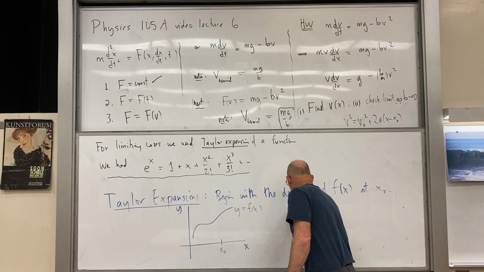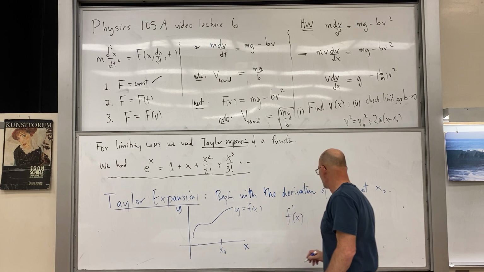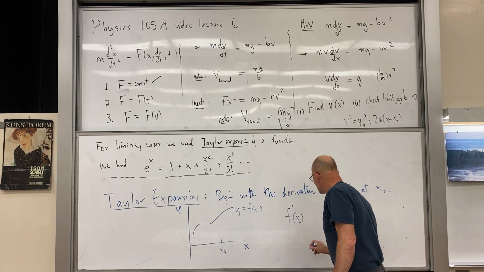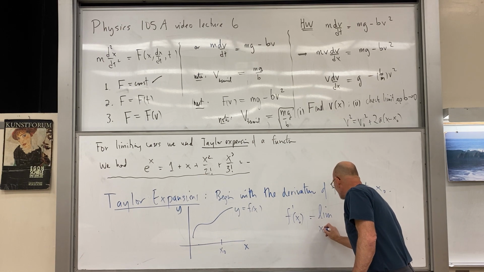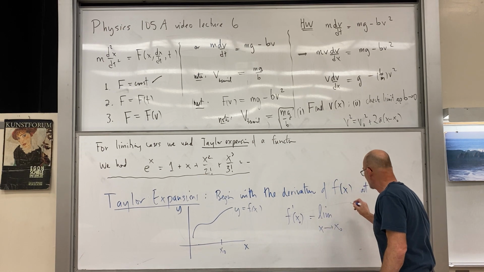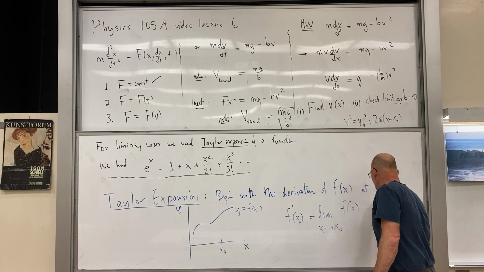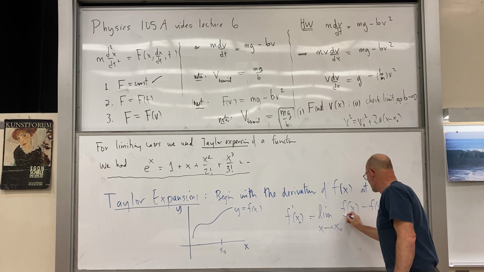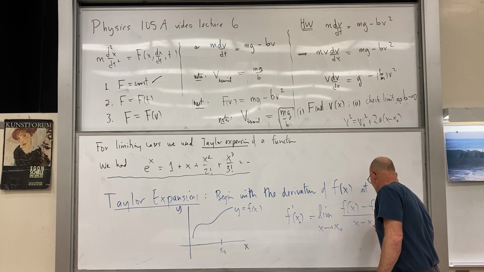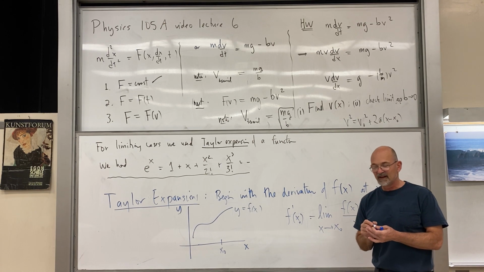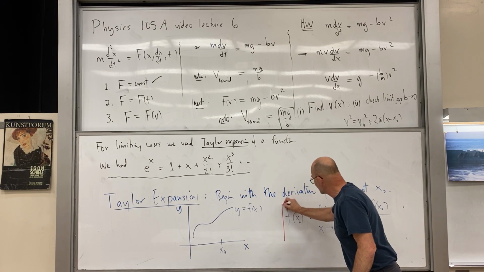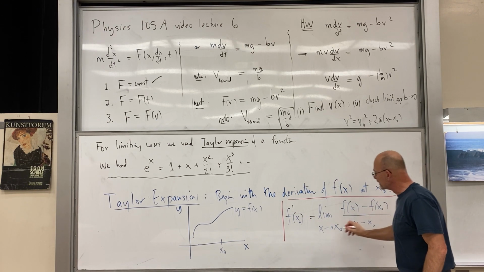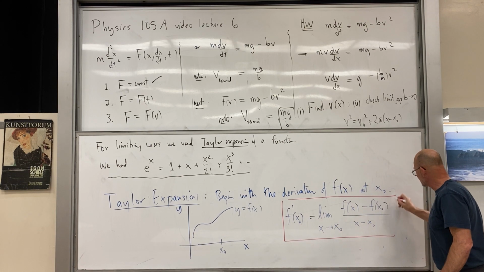So we have f prime of x0 is equal to the limit as x goes to x0 of f of x minus f of x0 divided by x minus x0, right? Just the way it is in the book. Nice little red box around here. We can ponder this for a moment.